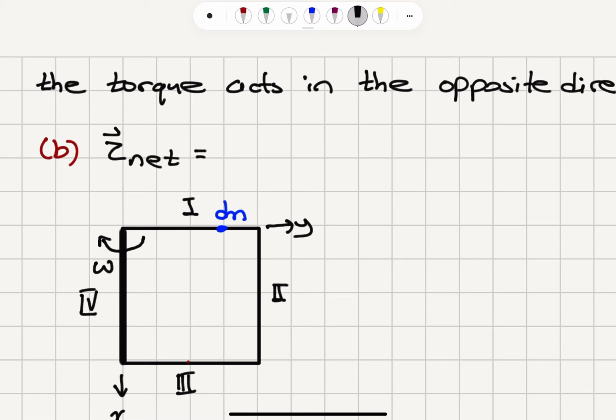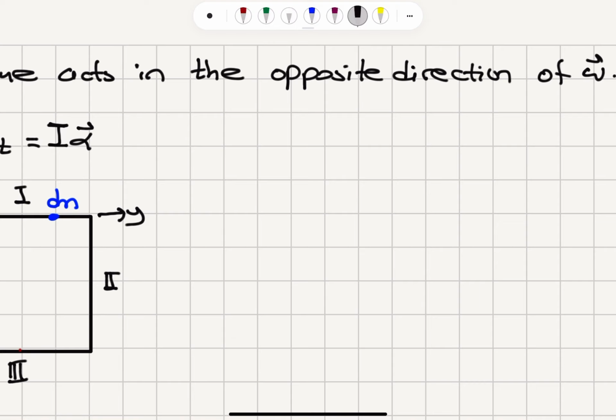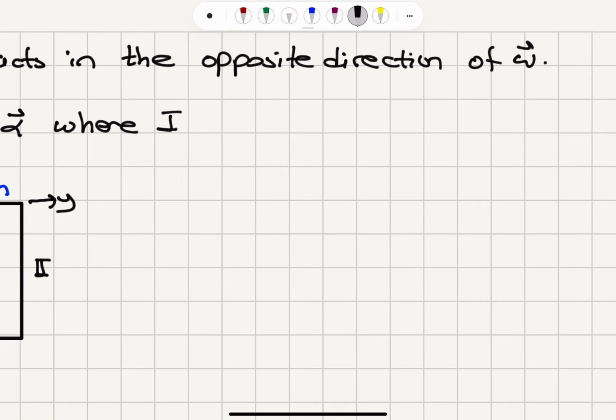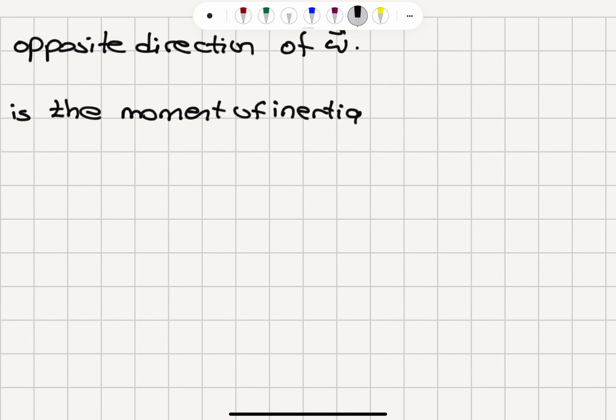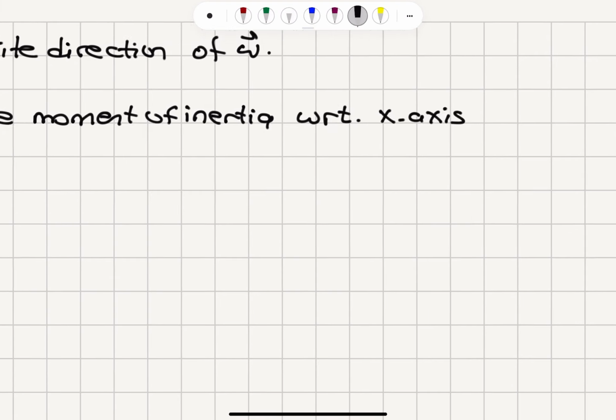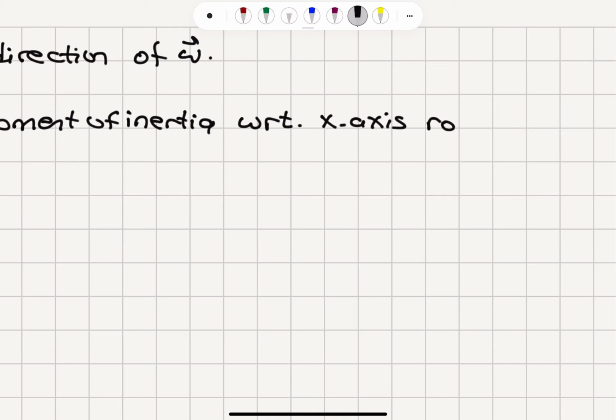Net torque is moment of inertia I times the angular acceleration, where this I is not the current, where I is the moment of inertia with respect to x-axis rotations. The rotation axis is the x-axis.